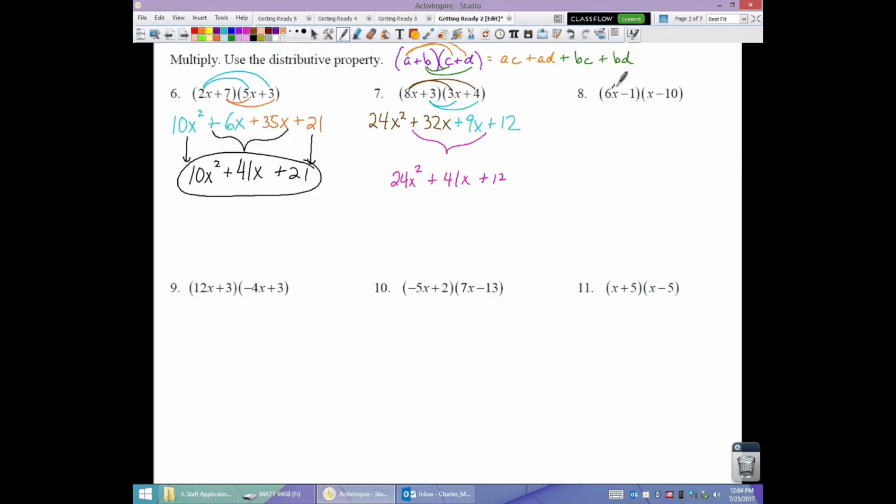Number 8, 6x times x, 6x to the second, negative 60x. Negative 1 times x, negative 1x. Negative 1 times negative 10, positive 10. In the middle, we have a set of like terms, so we end up with 6x squared minus 61x plus 10.